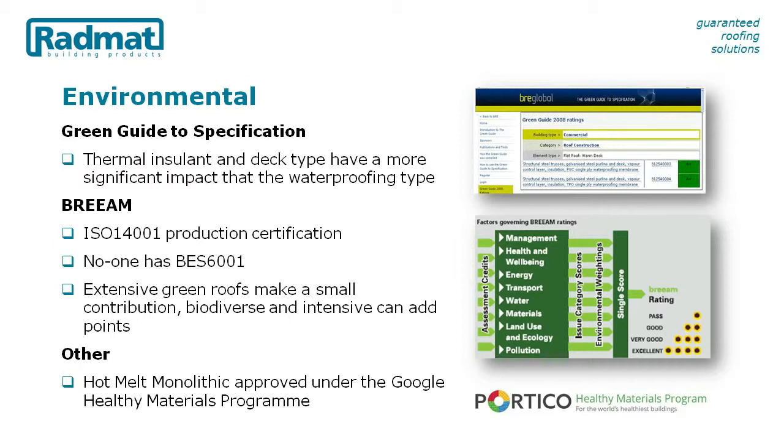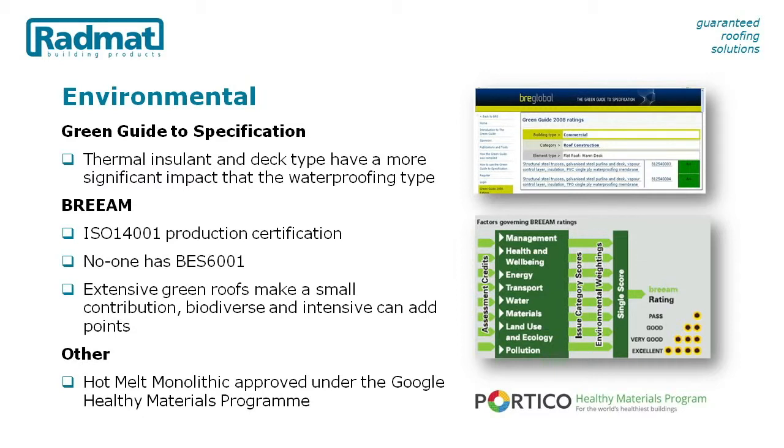The Green Guide feeds BREEAM ratings, and here the biggest additional contribution will be the ISO 14001 certification for the manufacturing of waterproofing and the insulation. Over the past few years, the BRE have linked their BES 6001 Responsible Sourcing of Construction Products assessment to BREEAM.